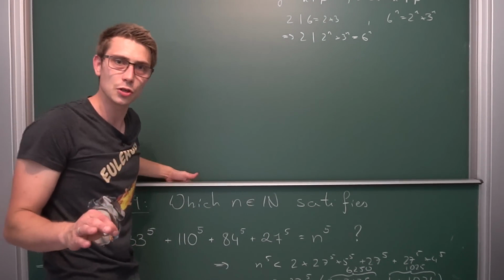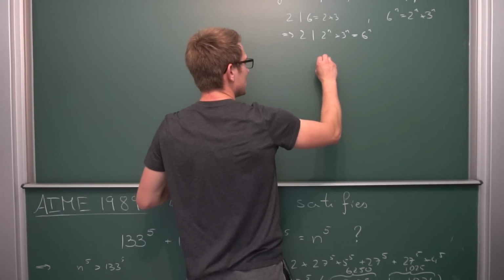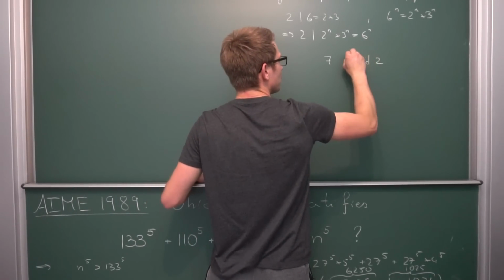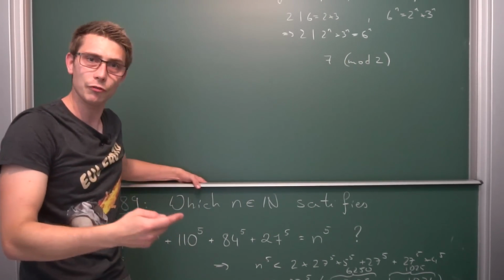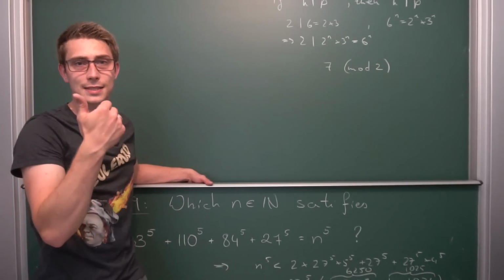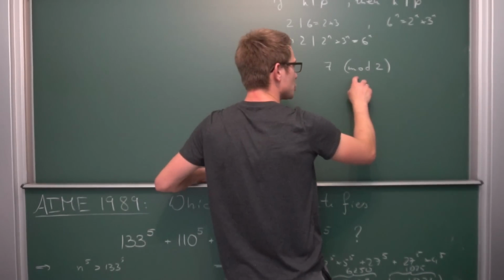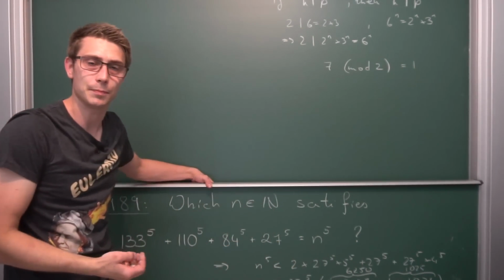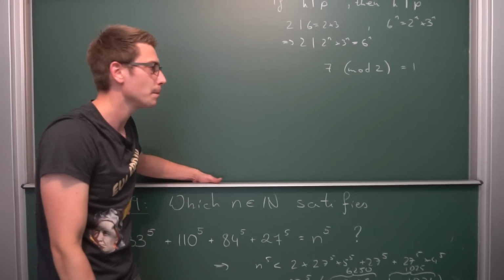So just for modulo, if you're not familiar with that, if we take a look at 7 mod 2, then we are going to see how often the 2 fits into the 7, obviously 3 times, but there's still 1 left, meaning 7 modulo 2 is the same as 1, basically, because we have a remainder of 1.